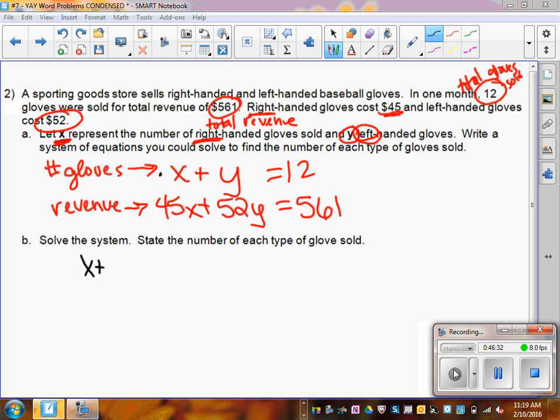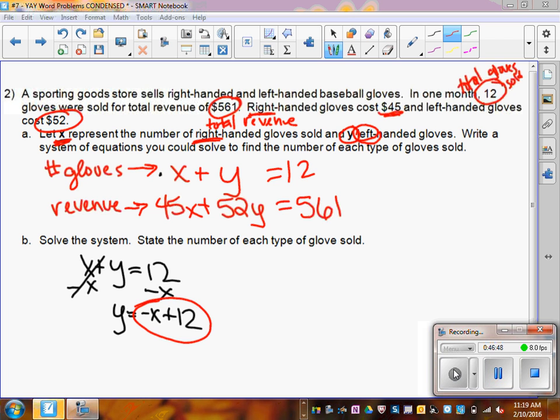So I have x plus y equals 12. So subtract x. Get y equals negative x, since my x is negative, so that stays negative, plus 12, and 12 is positive, so that stays positive. All right, now I'm going to take this equation and put it in for y of my other equation. Put it in for y here. So now I have 45x plus 52 times the entire expression, so that's why it's imperative that we have these parentheses there, equals 561.